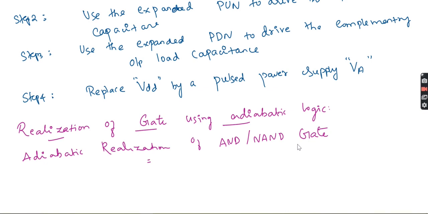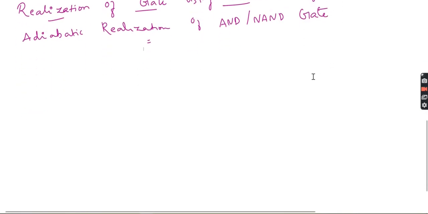We know how to draw the AND or NAND gate using static CMOS circuit. That we know very clearly, right? So now you have to go for the AND or NAND gate. For the NAND gate, as you know, we have to draw the static schematic first, so it will be better. Let us start with the static one.